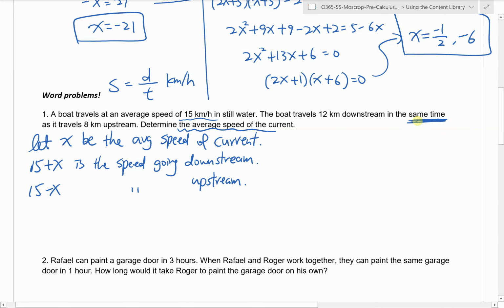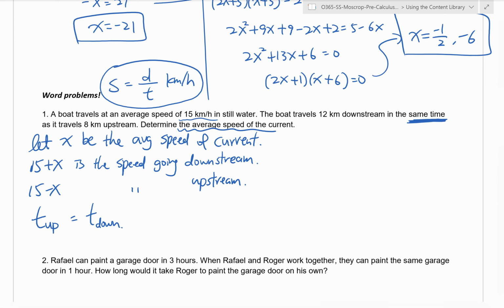Now here's the key. It says it's the same time. That means the time going up is equal to the time going down. So what we need to do right now is come up with the expression for time going up. We take s equals d over t, and we're solving for t.